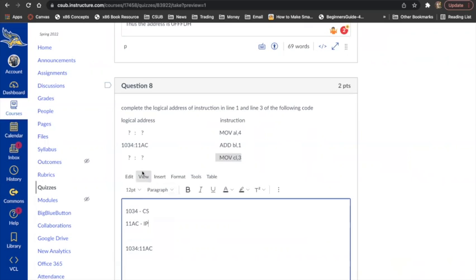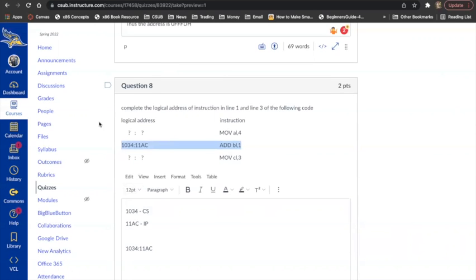Okay, so what usually happens is if this instruction is in code segment 1034, chances are the instruction right above it and right below it are also going to be in the same code segment. The reason is 11AC.